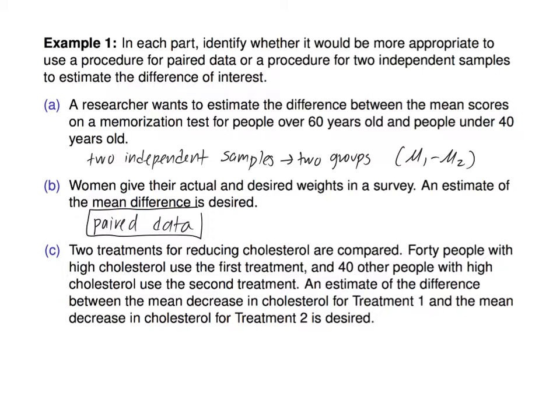Well, there are 40 people in each group, so it would be possible to pair them, but did they say they did that? No, the first group just got the first treatment, and the second group got the second treatment. So in that case, there is no pairing. This is two independent samples.